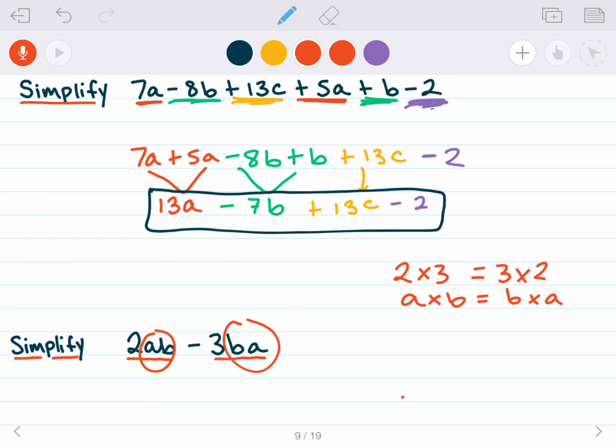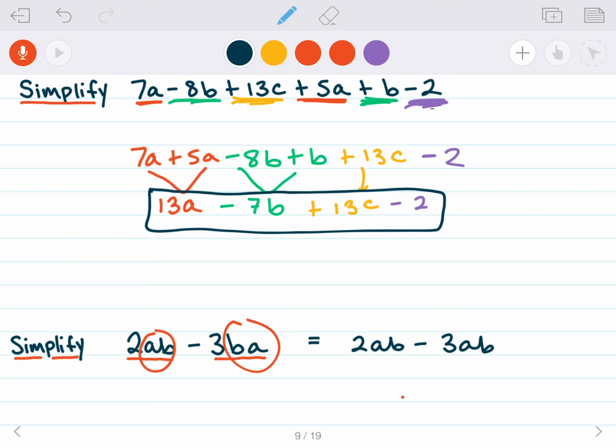I can switch the order around. Okay, so yes, these are like terms. I can rewrite it if I want to be 2ab minus 3ab, just so it's not as confusing. And so 2 of something minus 3 of something, 2 minus 3 is negative 1 of something. And so this is my fully simplified answer.